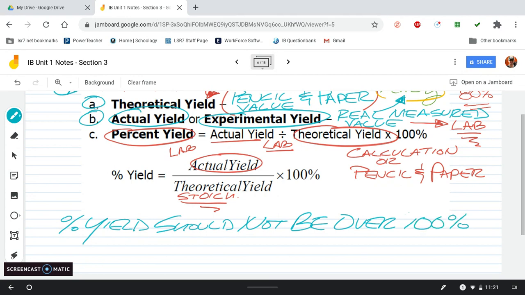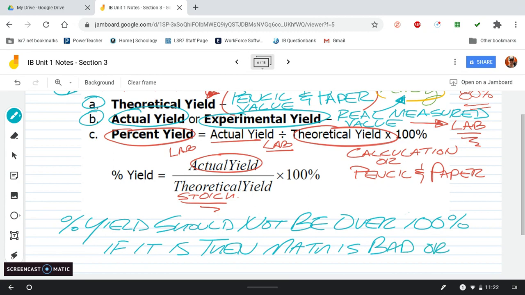So, if it is, then either your math is wrong, so the math is bad, or the reaction is bad, or you have extra chemicals or impurities in your sample.